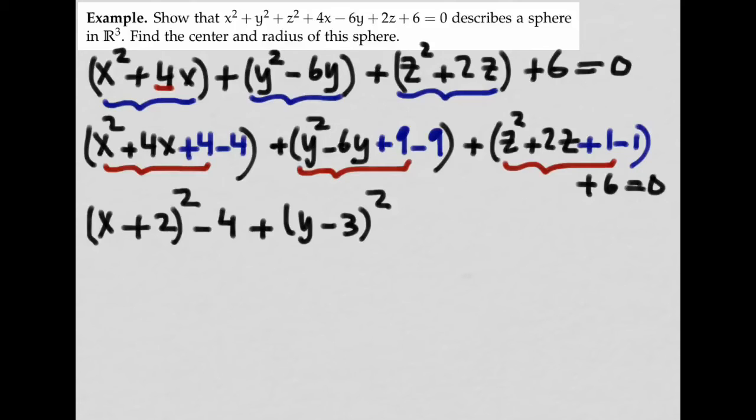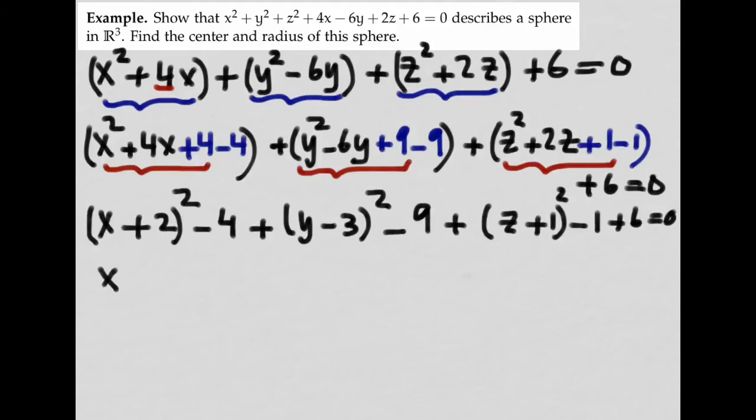We have minus 9 plus z squared plus 2z plus 1, that's z plus 1 squared, minus 1 plus 6 equals 0.